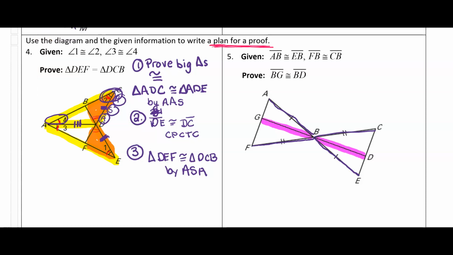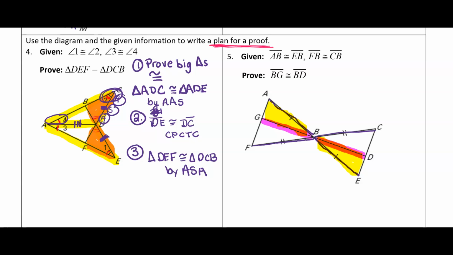So the first thing that I notice is that those are parts of smaller triangles. So again, we have a lot of smaller triangles and we have big triangles. So what could we do to prove those congruent? Well, if we could prove this triangle is congruent to this triangle, then we would have CPCTC again.